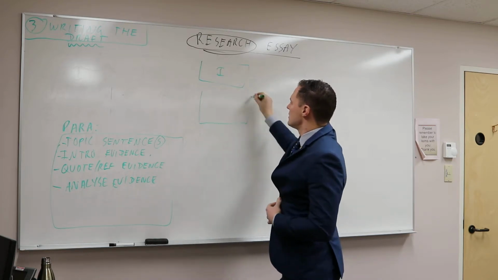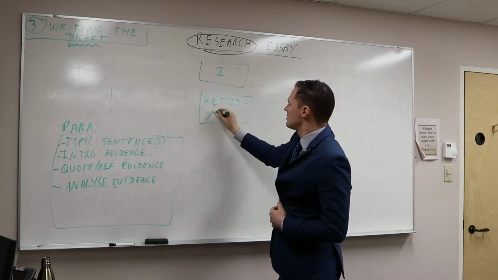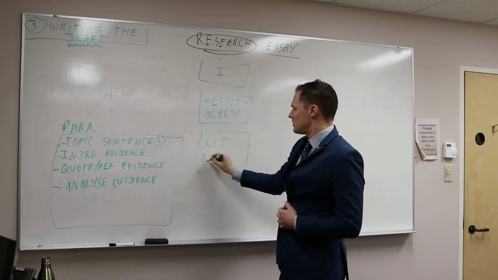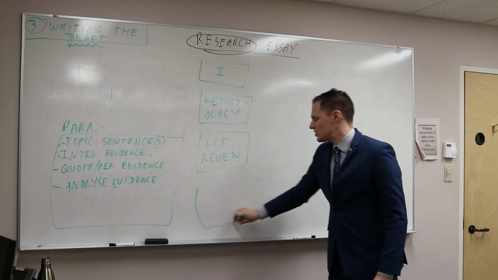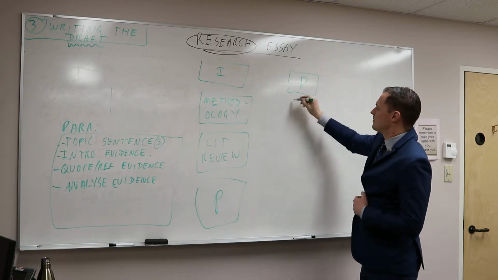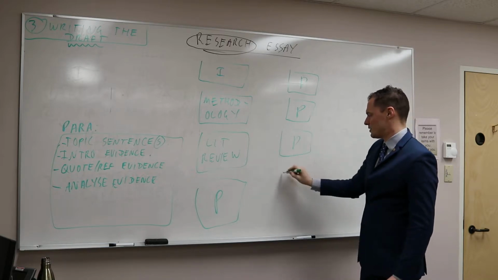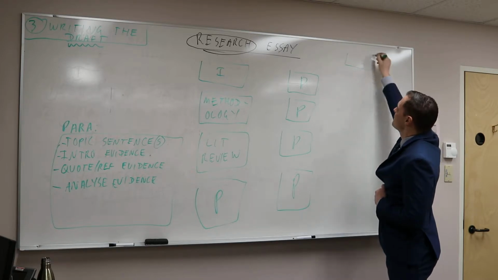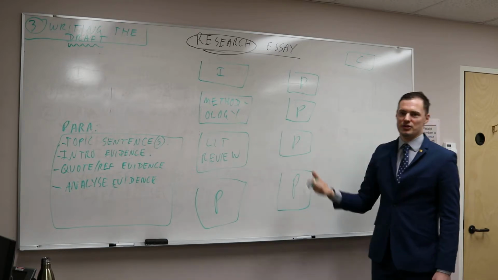Introduction, methodology, literature review, and then a certain number of paragraphs or sections, number determined by the number of claims you wish to make, the number of sections you wish to make, that sort of thing. Conclusion, that's it. That's how a typical essay will look. And I'll talk about methodology and lit review in a moment.